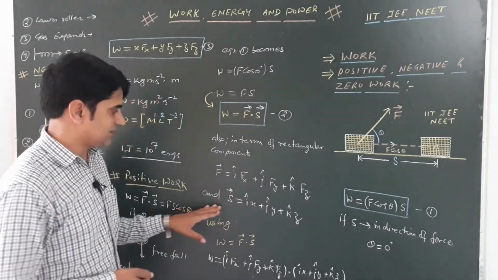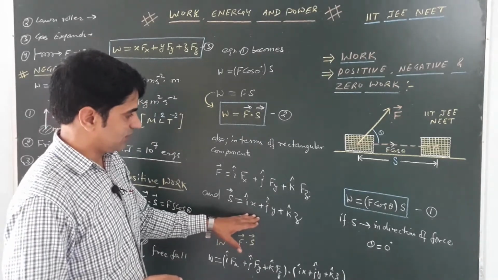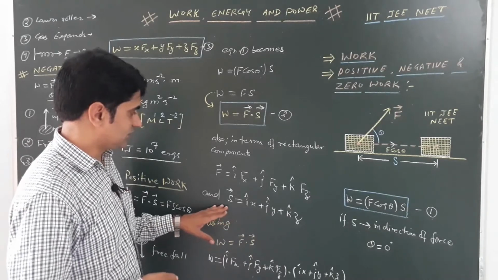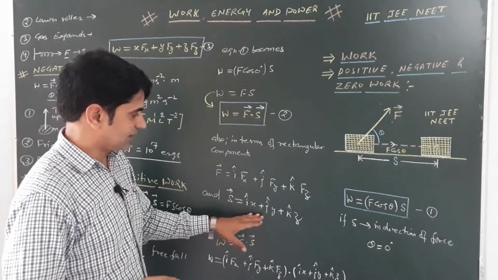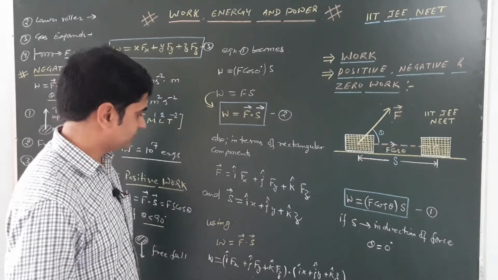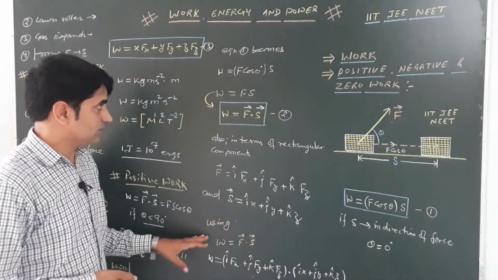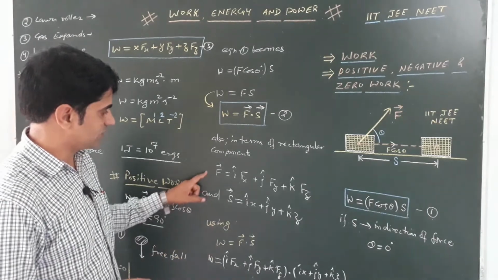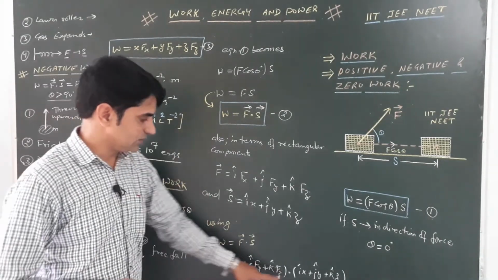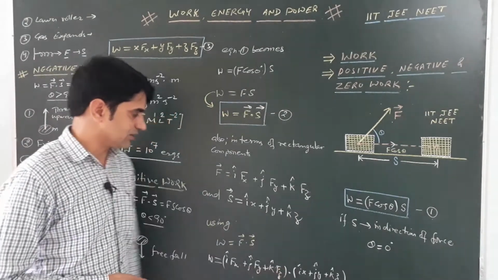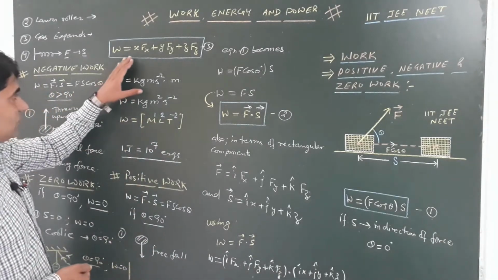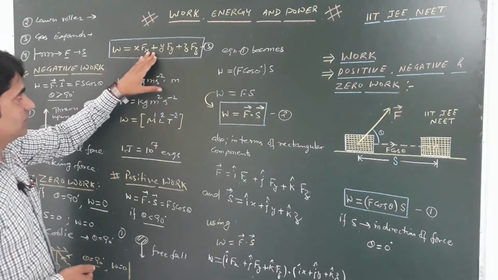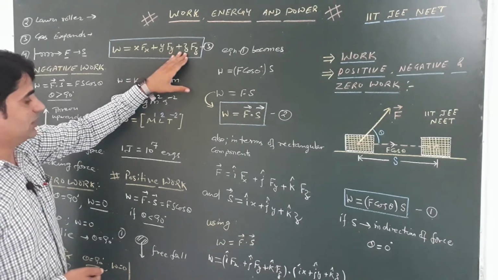The displacement S equals i cap x plus j cap y plus k cap z, where x, y and z are the components of the displacement in the respective directions. Using equation 2, F dot S as the work done, the result in terms of rectangular components becomes equation number 3: work done equals x Fx plus y Fy plus z Fz.